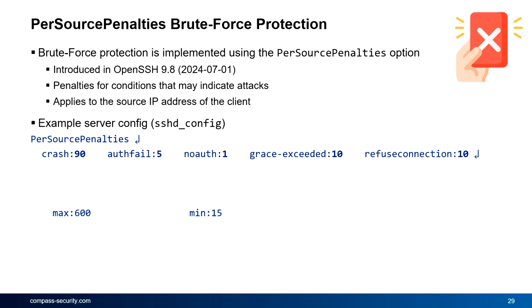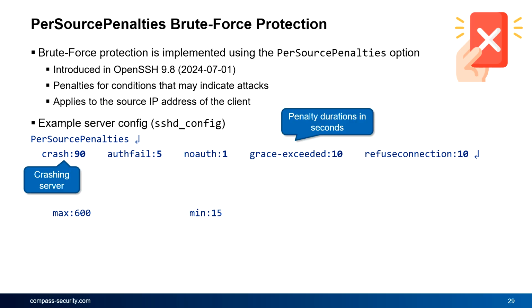and we see here the penalties in seconds that are applied for different conditions. For example, if a client manages to crash a server, this adds 90 penalty seconds. Or if a client connects to a server and performs some failed logins and then disconnects, this adds 5 penalty seconds.